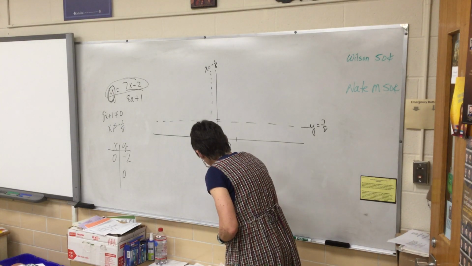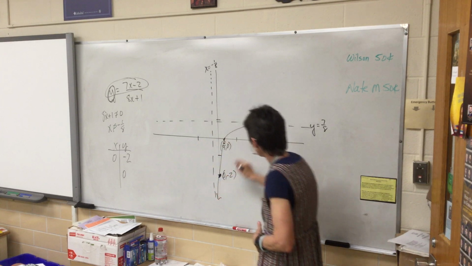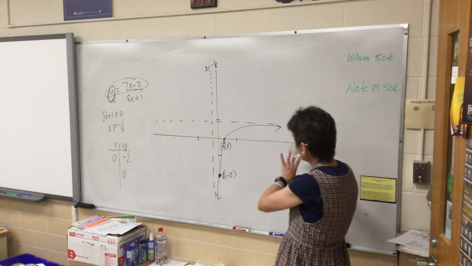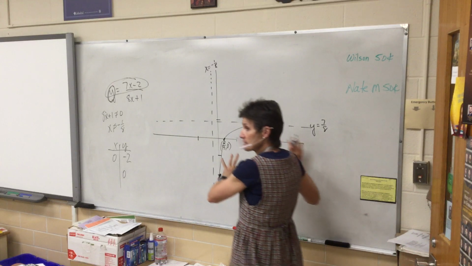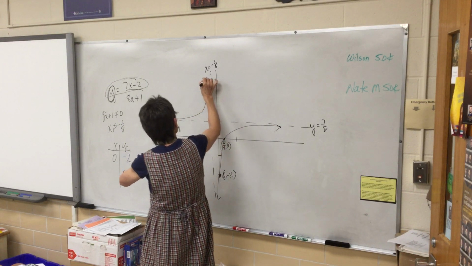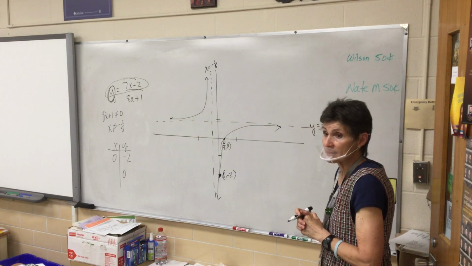These are connected like this. Remember, we got to approach our asymptotes. And if you put a chunk down here, then the other chunk is going to be up here. And that's it.